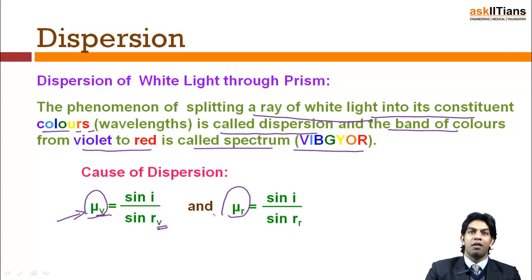It means that for the same angle of incidence, I will have different angles of refraction for different types of light. Whether it is violet, red, green or blue light, each color has a different wavelength. If it has a different wavelength, it will have a different refractive index. That's the property we come across while dealing with dispersion.